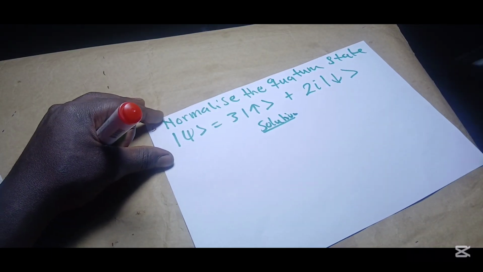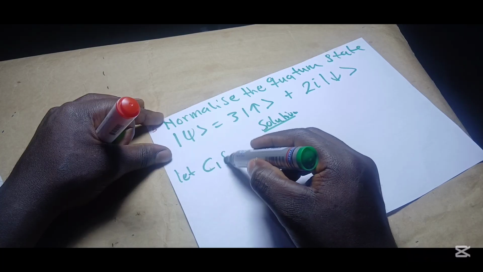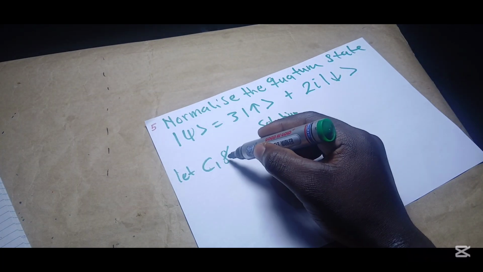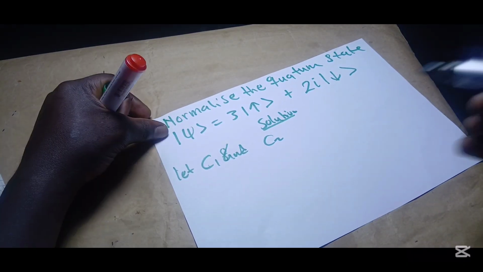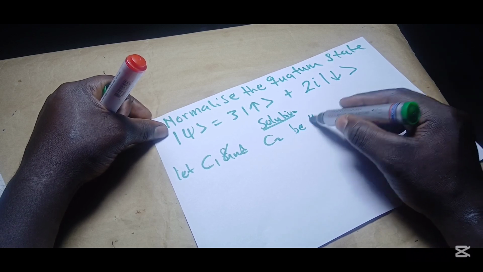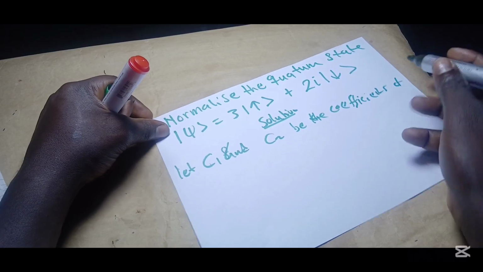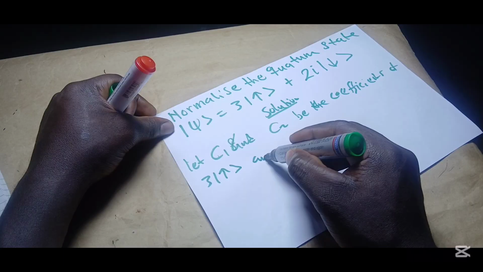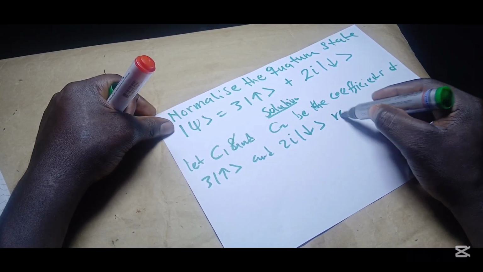So we can say let C1 and C2 be the coefficients of 3 spin up and 2i spin down kets respectively.